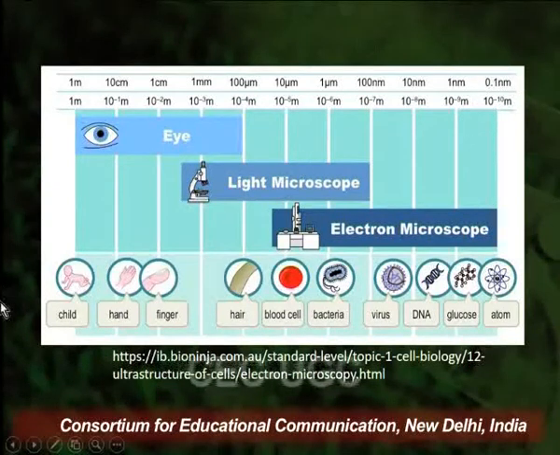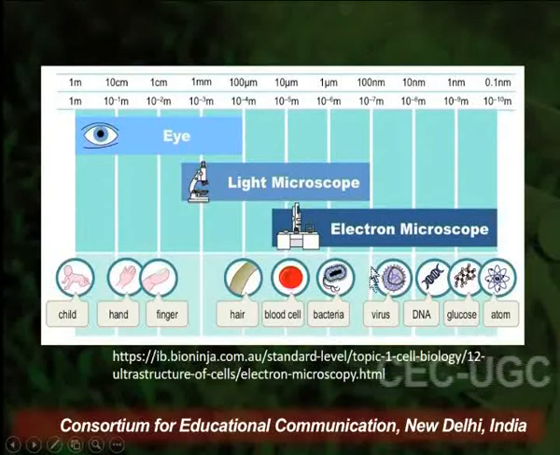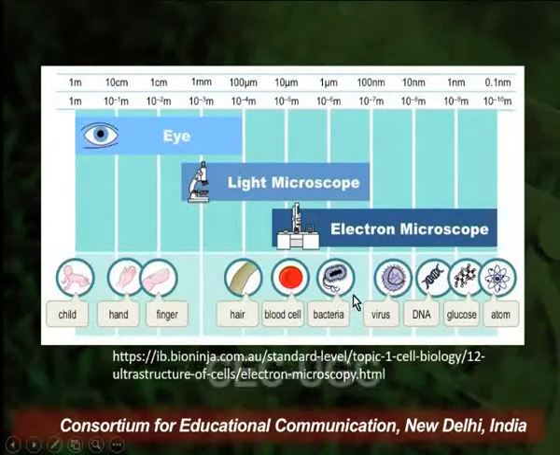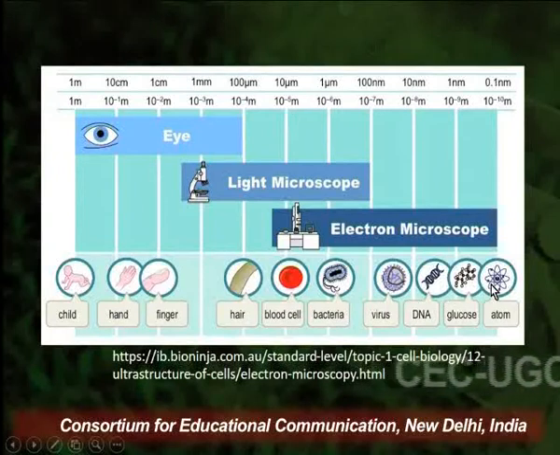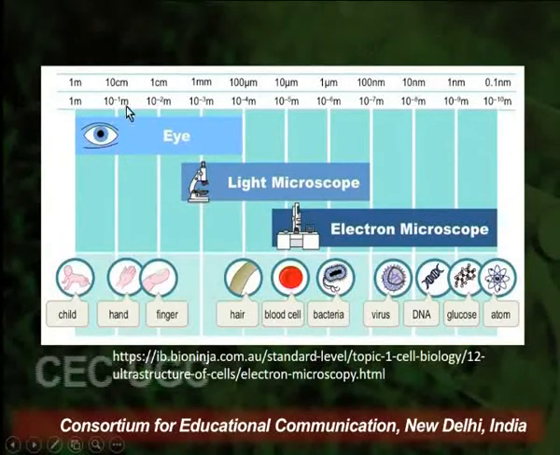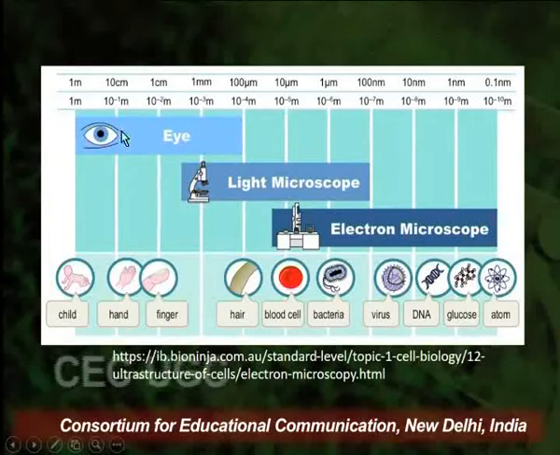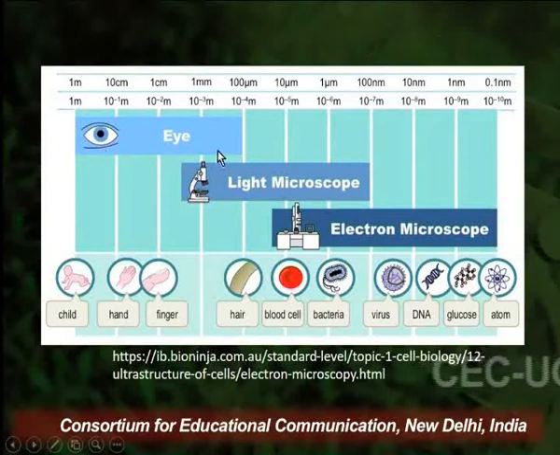So as we are moving towards the right in this illustrative picture, we can say that these objects are gradually becoming smaller and smaller. And to observe these objects, the observational tools have to be changed. For example, since the size of an object in the range of 1 millimeter is visible through our naked eyes.